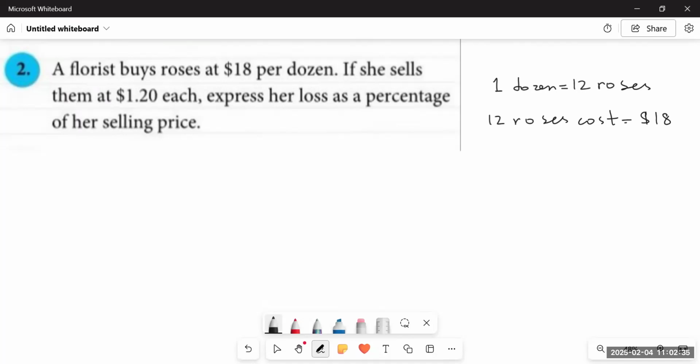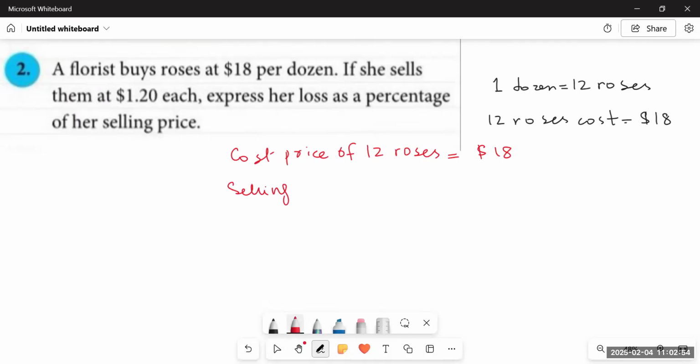We can say that cost price is given. Cost price of 12 roses is equal to, simple, it's given in the question as $18, right? Now we have to find out the selling price.